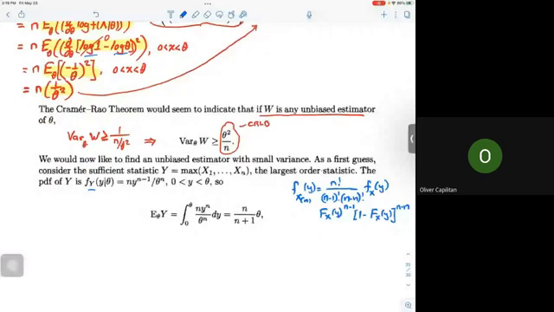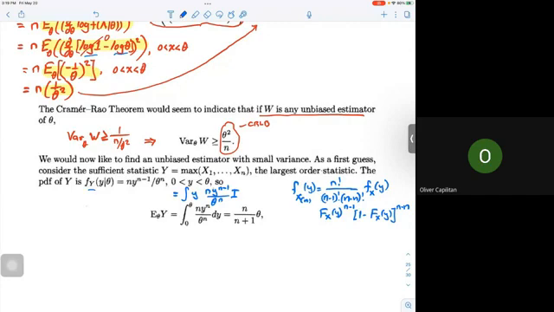So if we're going to determine the expectation of Y, supposedly this would be equal to the integral of y times the PDF. So we have here the PDF, n y to the n minus 1 divided by theta to the n. Then we have our indicator function. We can go straight ahead. So we have here dy from 0 to theta.